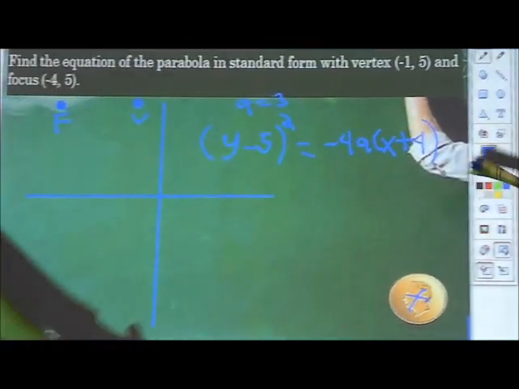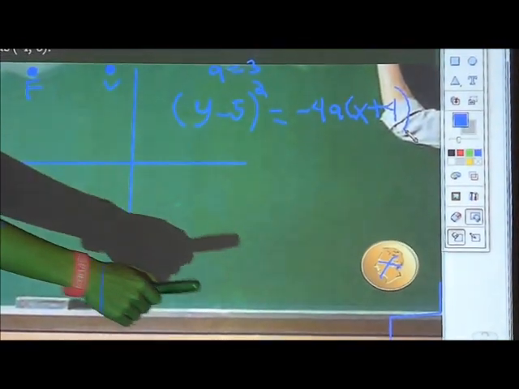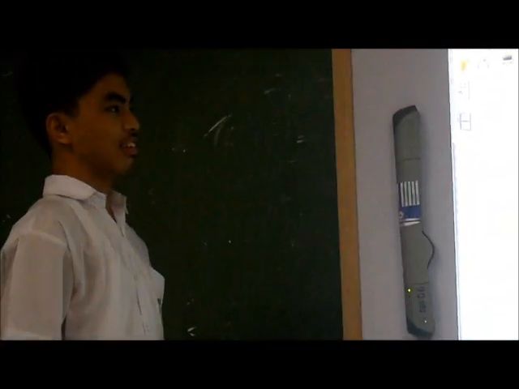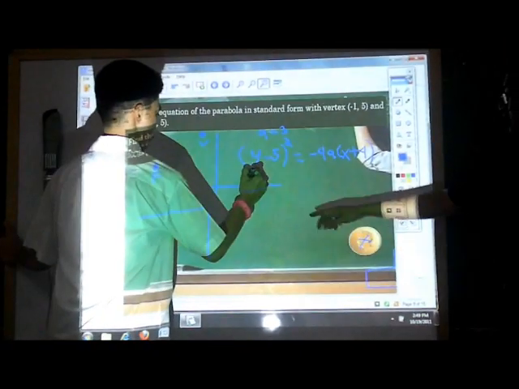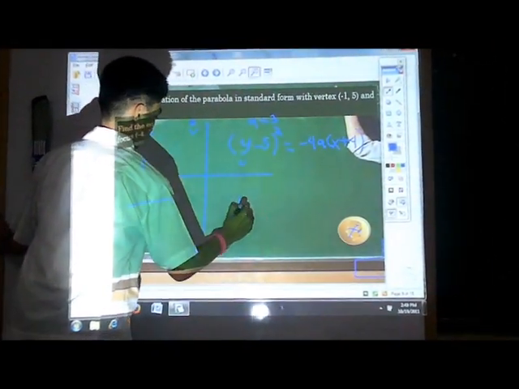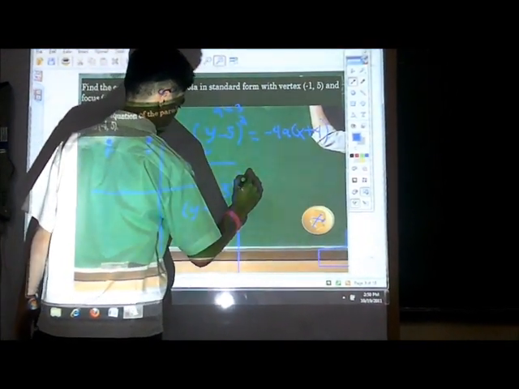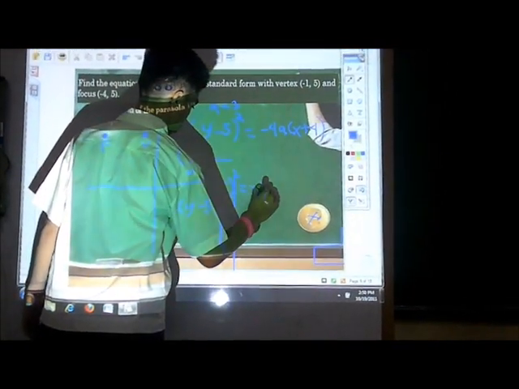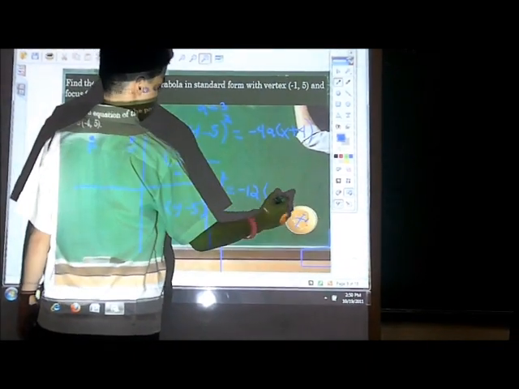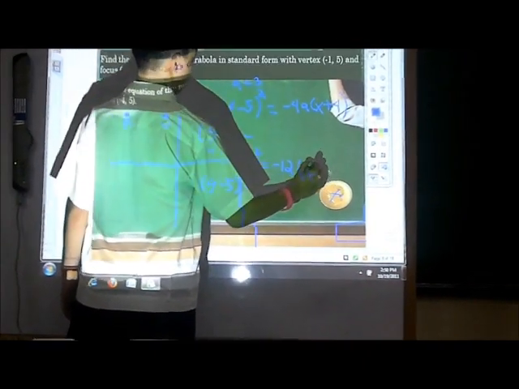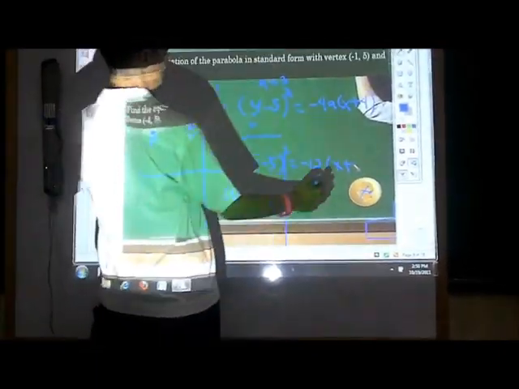Okay, so it's simply just substituting the values. Negative 4a. What's your a? So write it again here, below. Equals negative 12 times x plus 4.